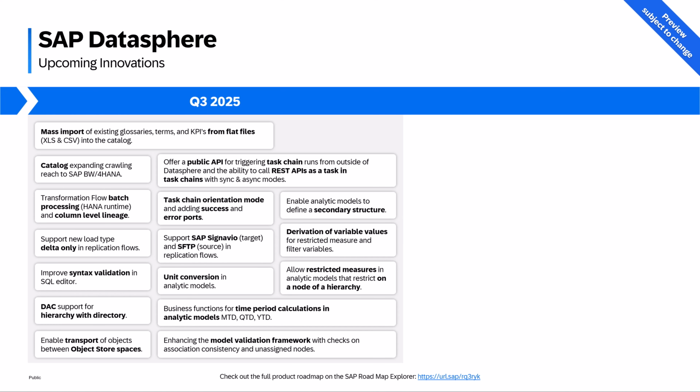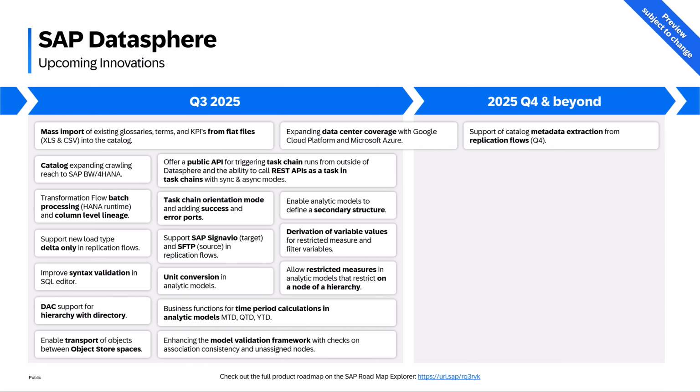Further down in Q3, we're planning on adding additional business functions for analytic models, like year-to-date, month-to-date kind of functionalities, and also enhance the model validation framework with additional checks on association, consistency, as well as unassigned nodes. So further down the year, already during the current year, we expanded data center coverage on Google Cloud Platform and Azure to a variety of data centers.